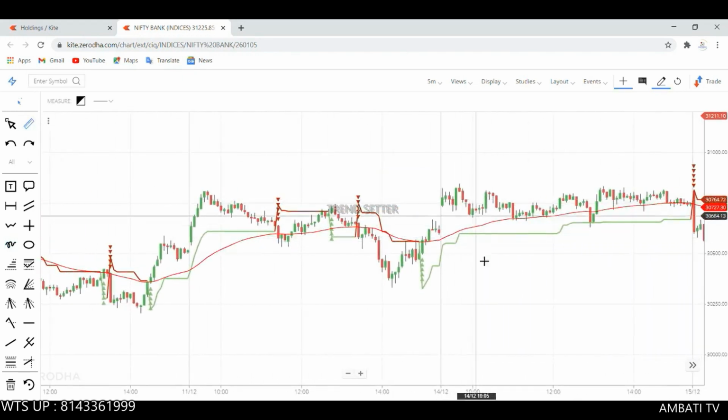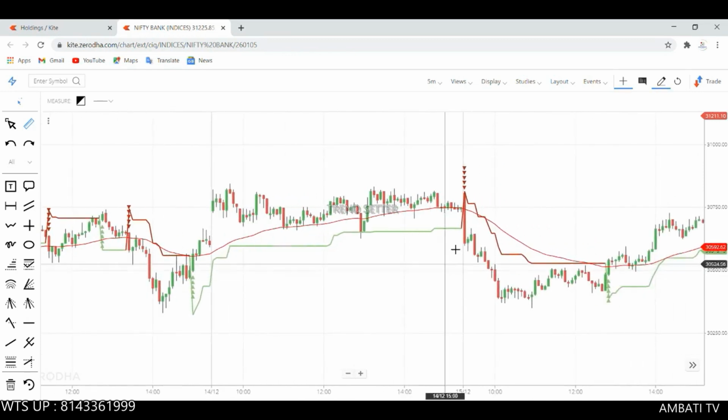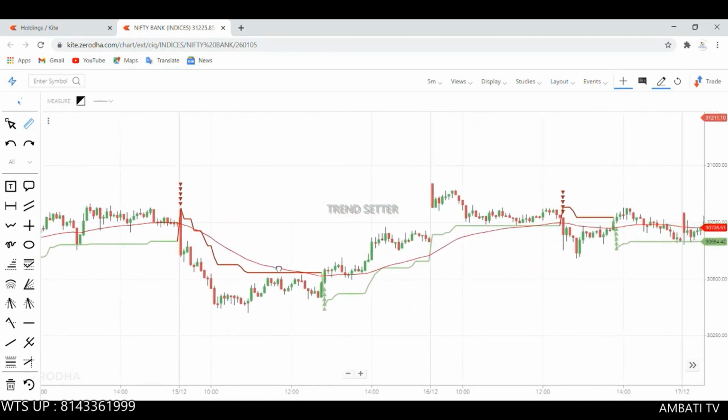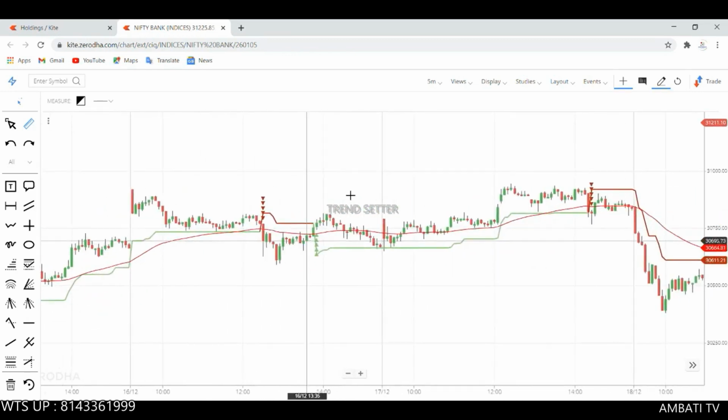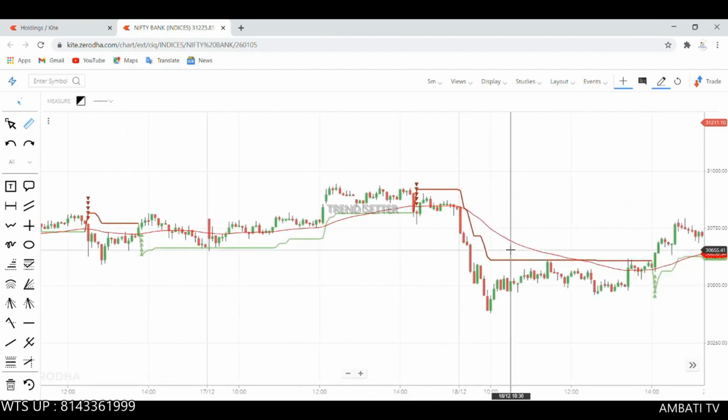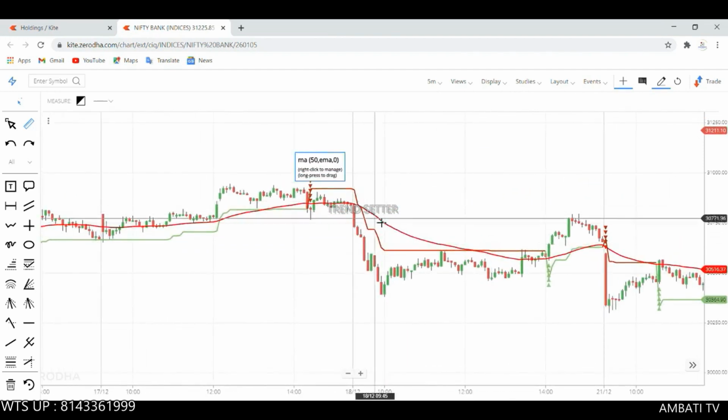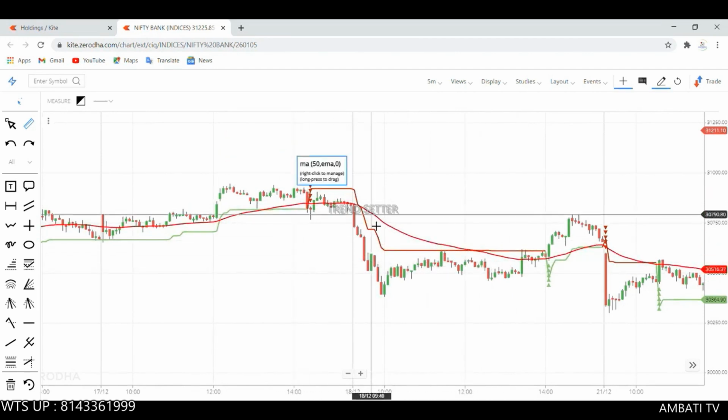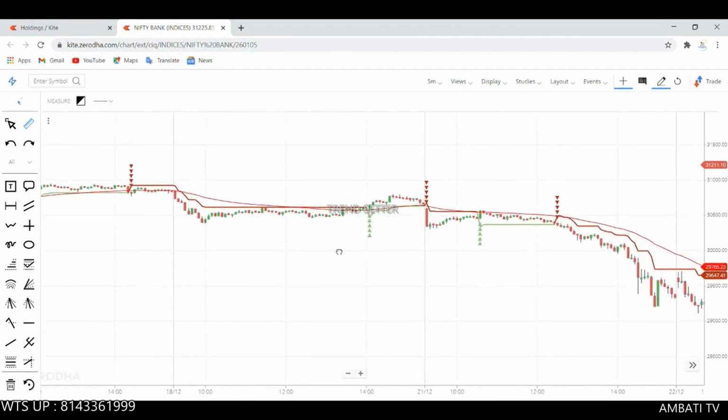Now we have two indicators: a super trend and a moving average. Now we have to understand what the perfect entry will be.